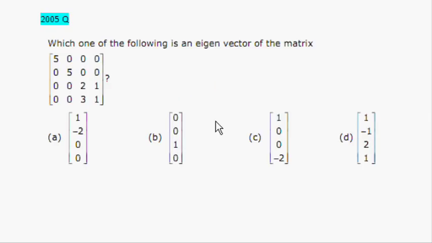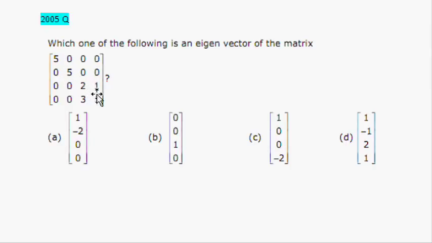This is the 2005 question. Which one of the following is an eigenvector of the matrix? To find the eigenvectors, you first need to find the eigenvalues, and you can find them by subtracting lambda from all the diagonal elements, taking the determinant, and making it equal to 0.